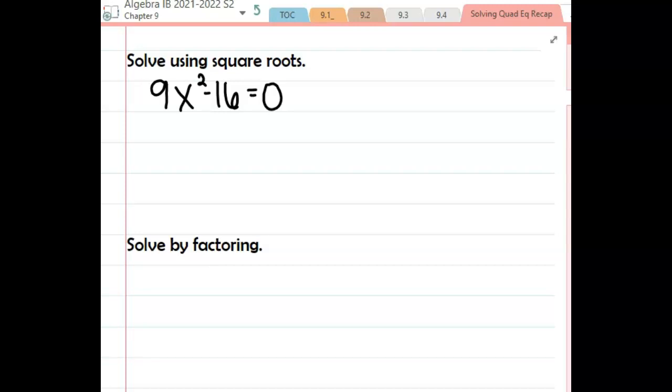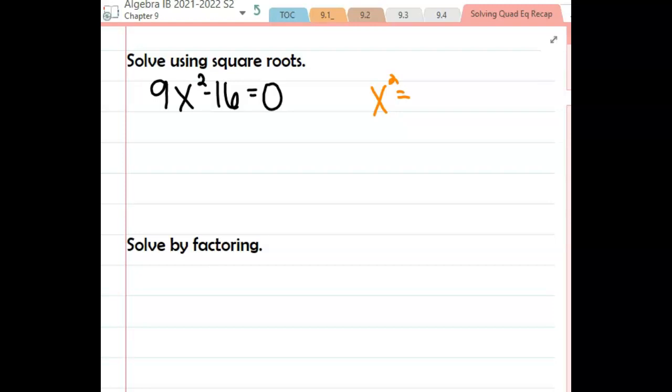Now, first of all, how you know you can do the square root method, and you definitely want to if you can: there can be no x term. Notice I have my x squared, but I'm missing that x term. If I'm missing an x term, it means that I can have x squared on one side and a number on the other. So that's the first thing we want to do here: write it so that I have x squared on one side and a number on the other.